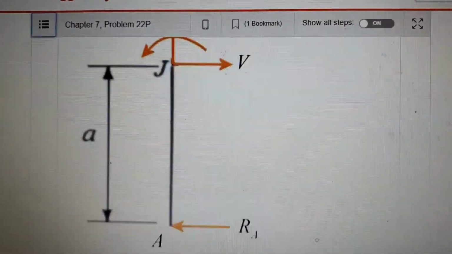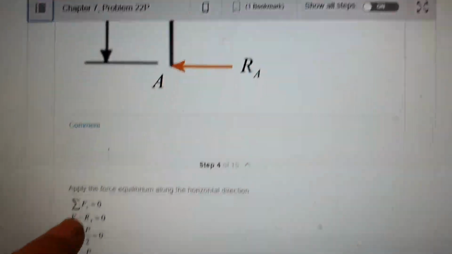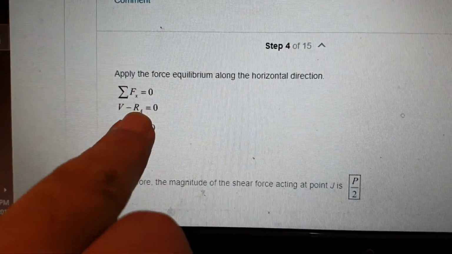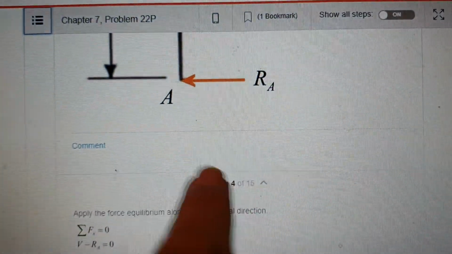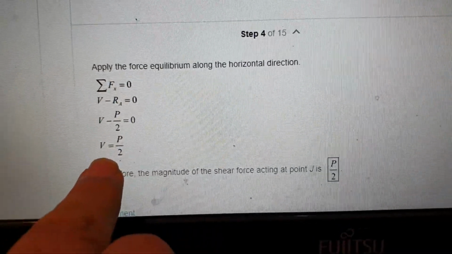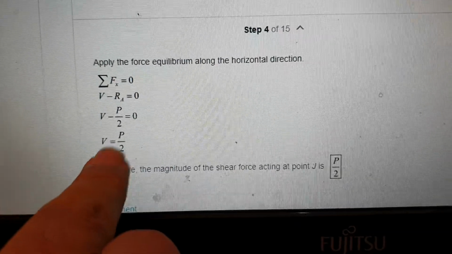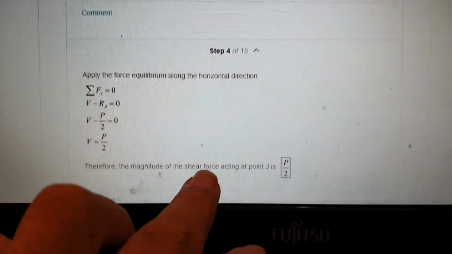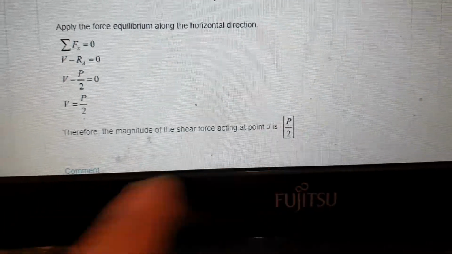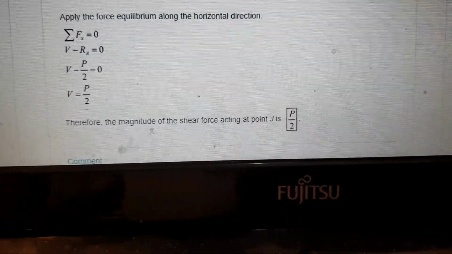So V minus RA equals 0, so V, the shear at point G, is equal to P over 2. Therefore, the magnitude of the shear force acting at point G is P over 2.